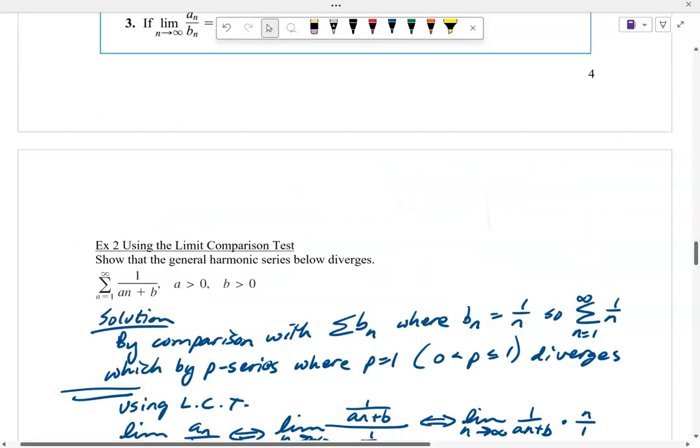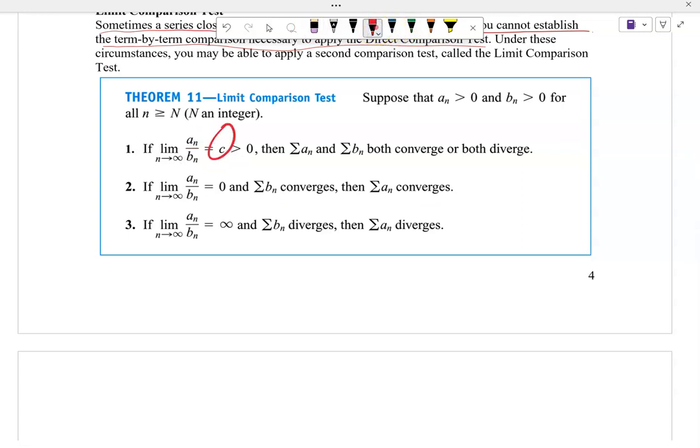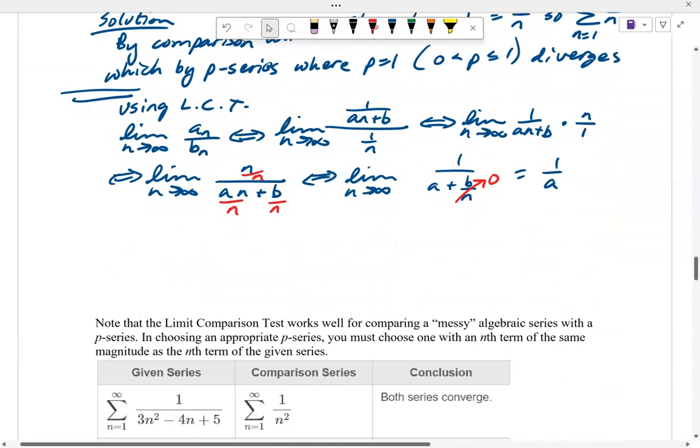Well, by this limit comparison test, can you see how we got 1 over a, which is positive, and we knew the one we compared it with diverged, so the original must diverge as well. This is positive.